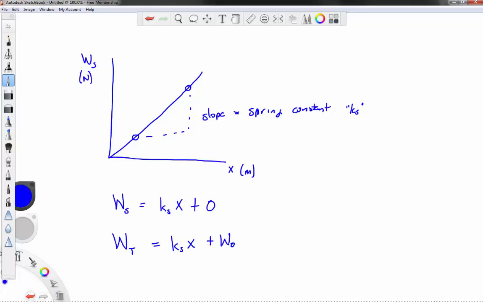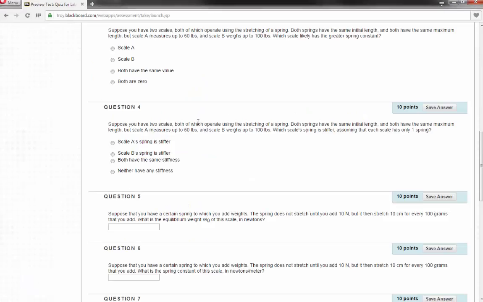given that this question is asking us that both have the same initial length, both have the same maximum length, and one weighs stuff that is 2 times as much.